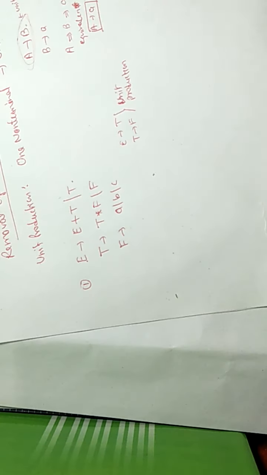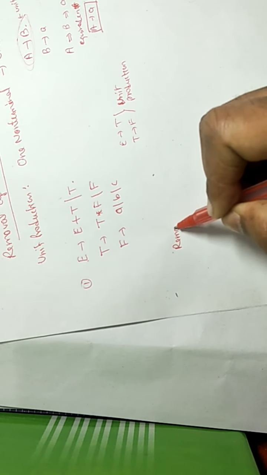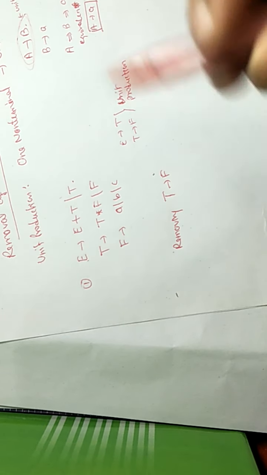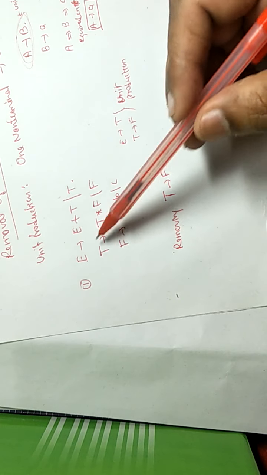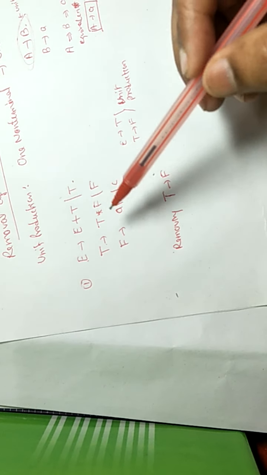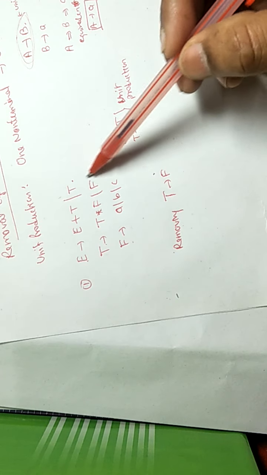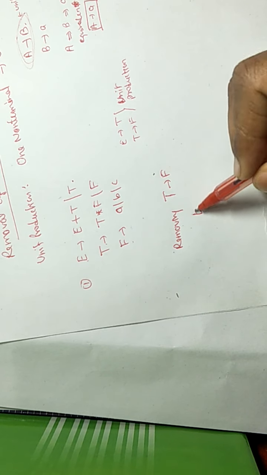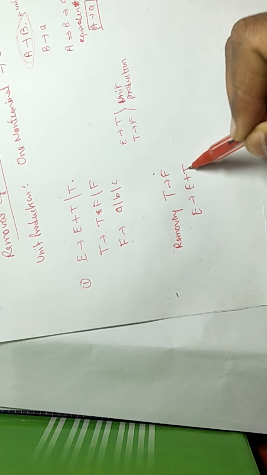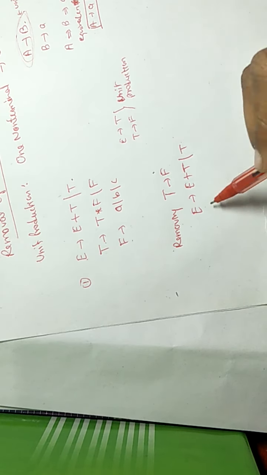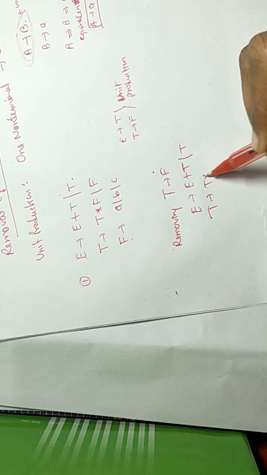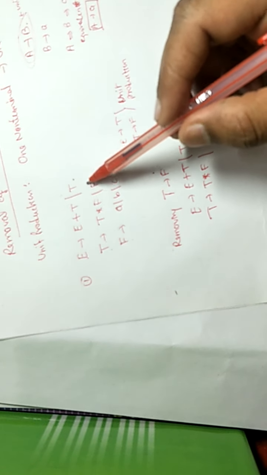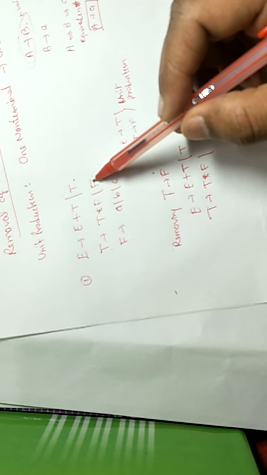Suppose I am removing T tends to F first. While removing T tends to F, we need to put the value of F in the place of this F here. So it can be written as E tends to E plus T slash T, T tends to T asterisk F slash, we have to remove T tends to F, so we put the value of F here.